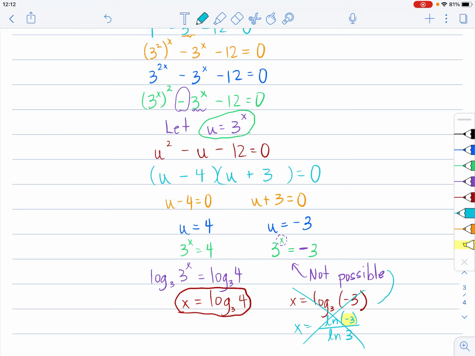Not possible. Also, not possible to ln the negative 3.